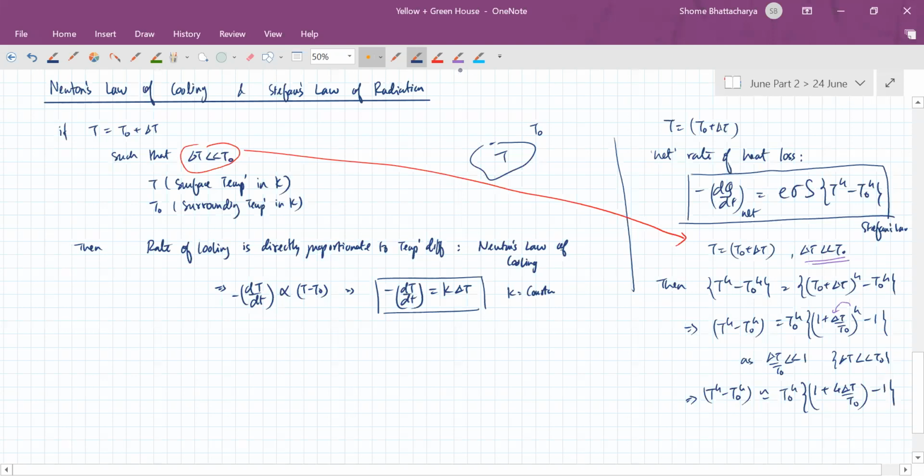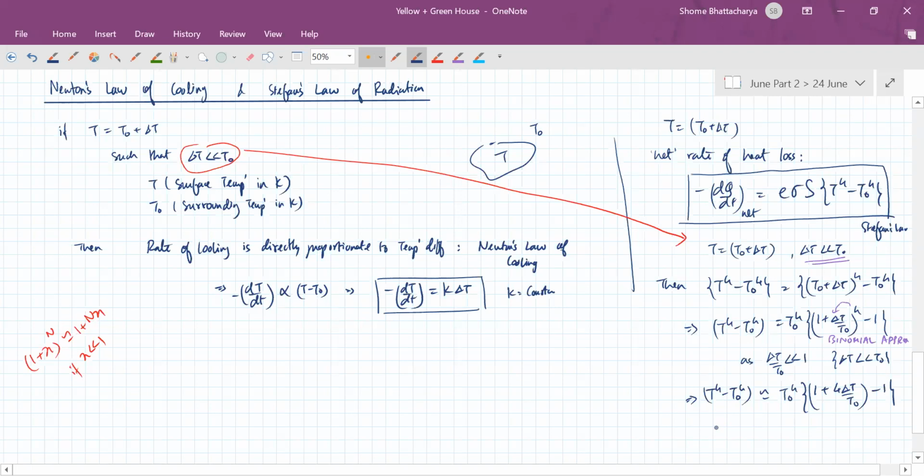So this is the binomial approximation step. Basically, it is the theorem that (1 plus x) to the power n can be approximated as 1 plus nx if x is small compared to 1. Here n can be any real number, including a negative or fractional value. Here it is 4. And x should have a magnitude very small compared to 1. Here x is delta T by T naught, which is obviously small compared to 1.